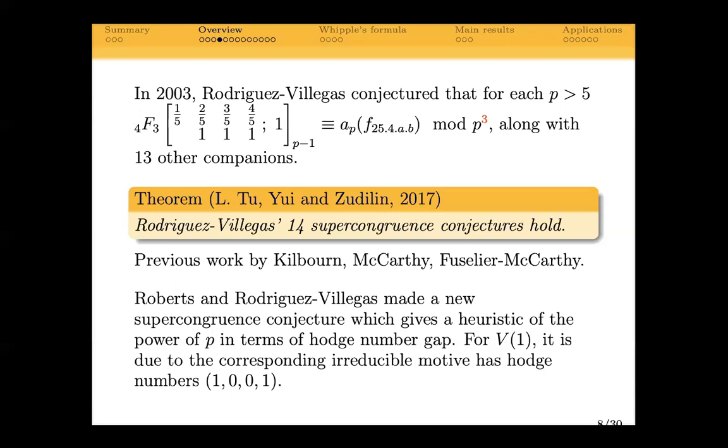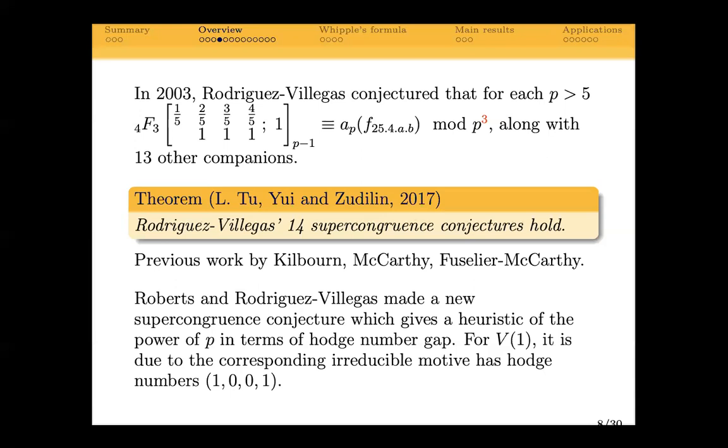Previous work on his conjecture had been done for 3 cases by Ahlgren, Kilbourn, McCarthy, and Fuselier and McCarthy.